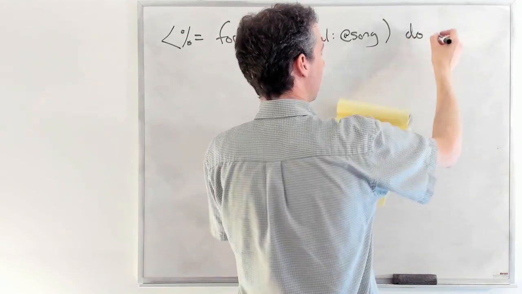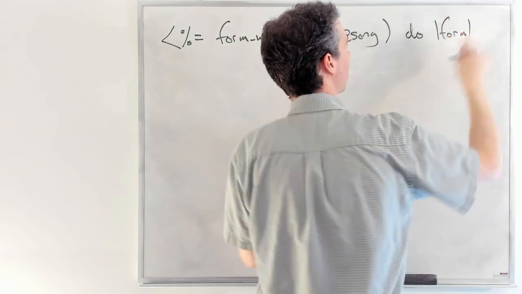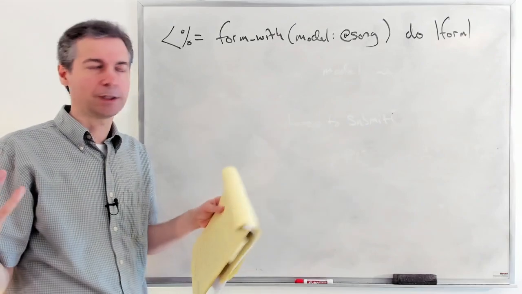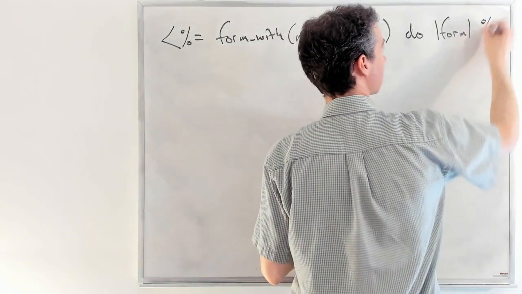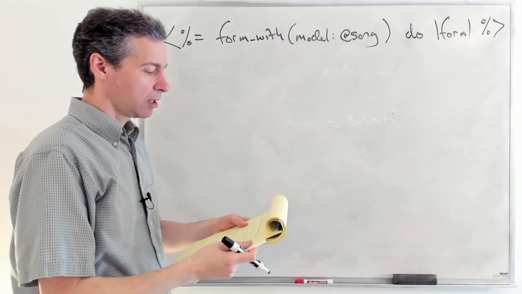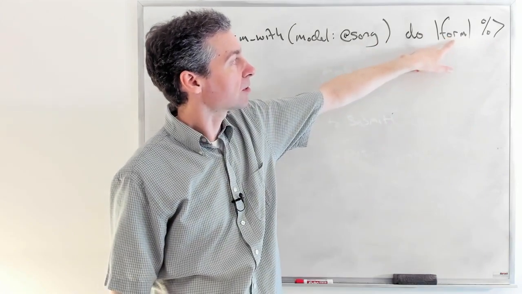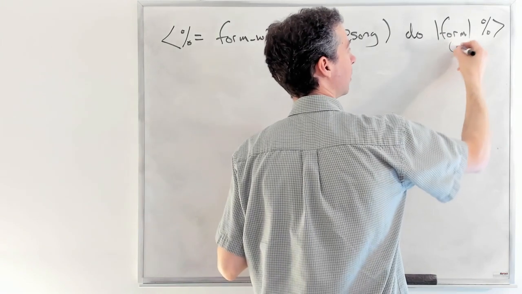Now this method call does the really fancy stuff with the ability to do blocks. What it does is it sets into here for us what's known as a form builder object.